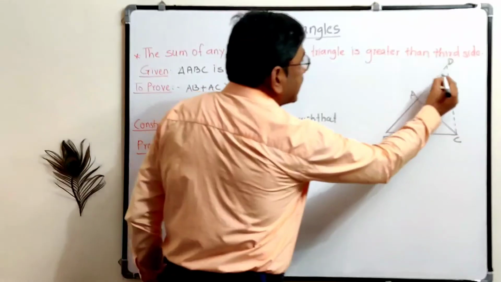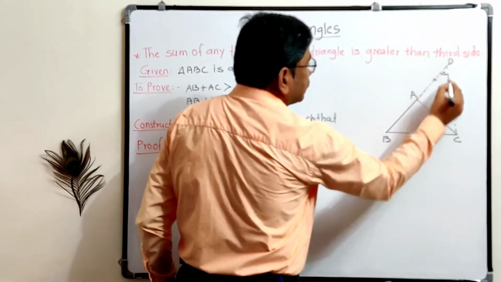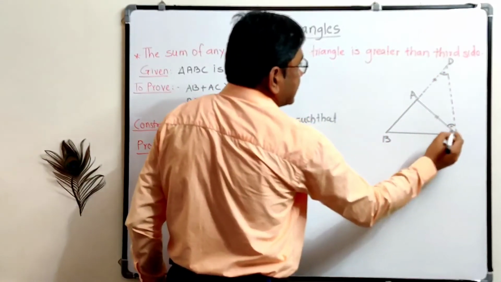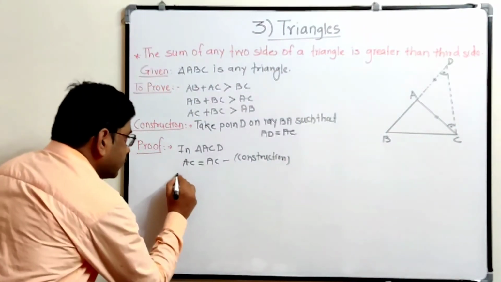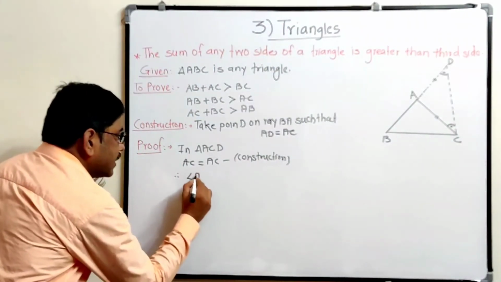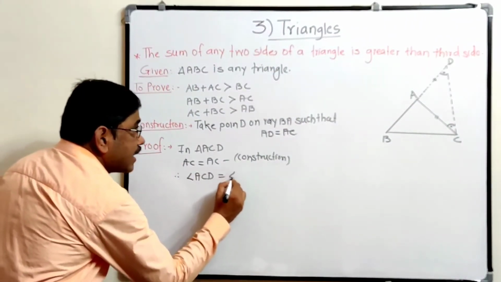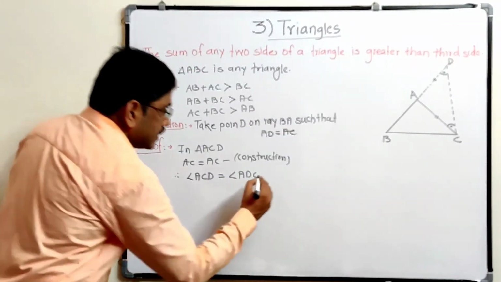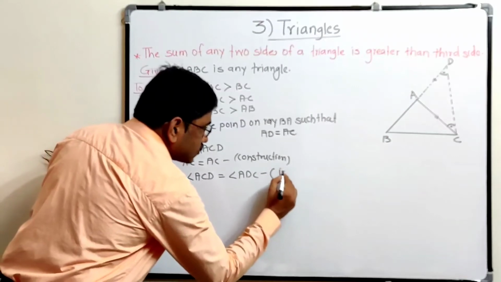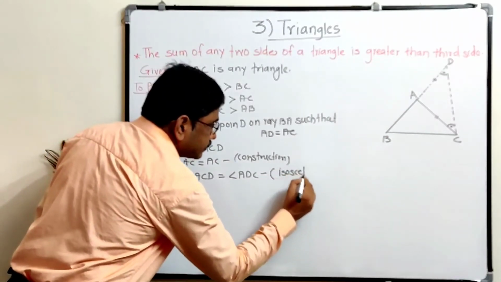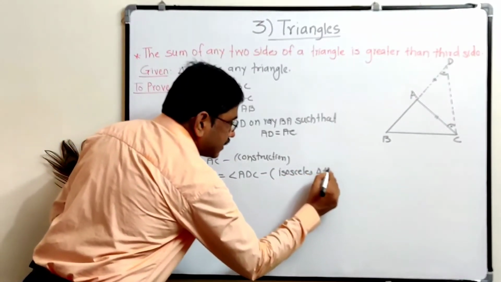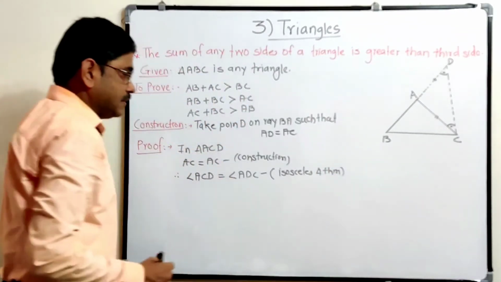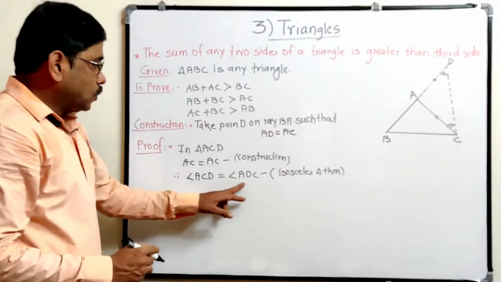Here AC equals AD, therefore angle ACD equals angle ADC. The reason is the isosceles triangle theorem. Now these two are equal.